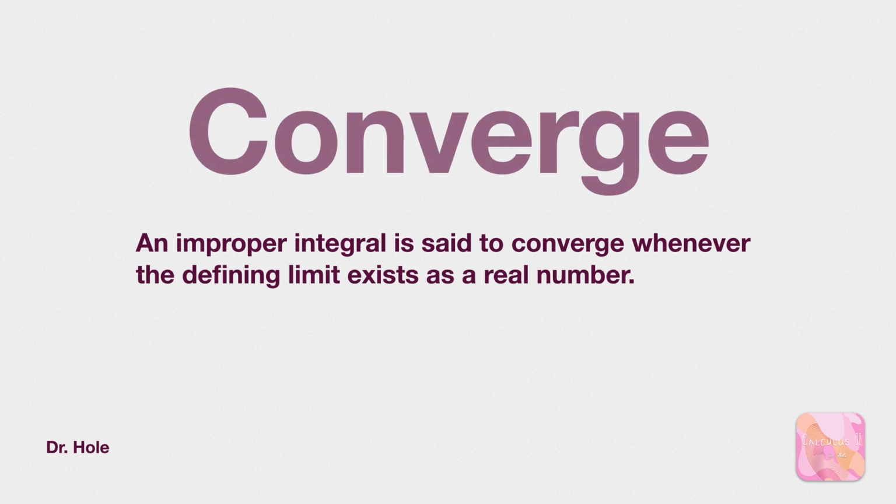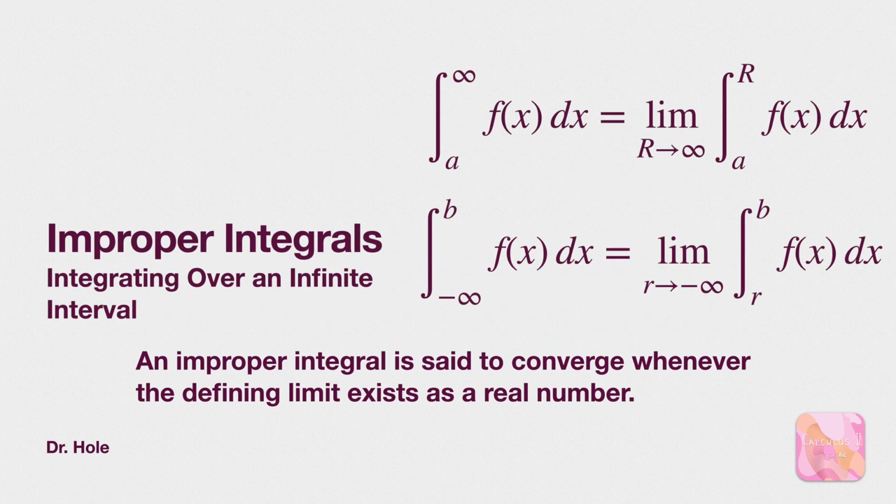Very good. So these two right-hand sides are how we interpret this left-hand side, improper integrals on the left, defined, interpreted as limits here on the right. When the limits on the right yield real numbers, then the improper integral converges to the value on the right.